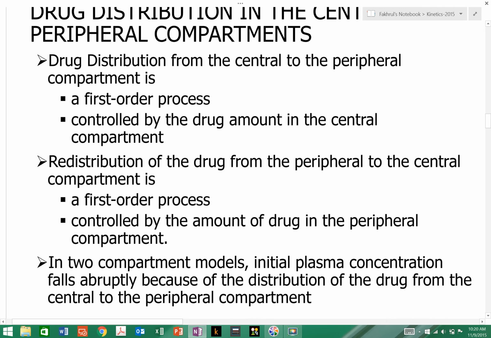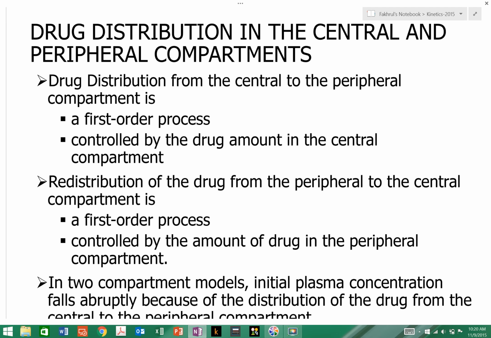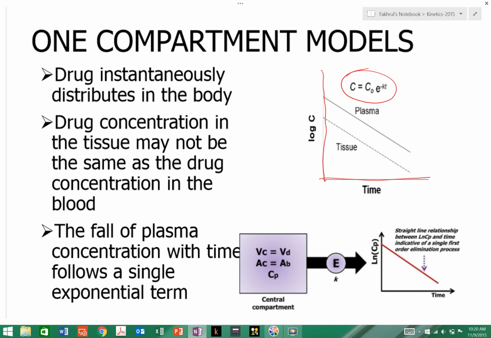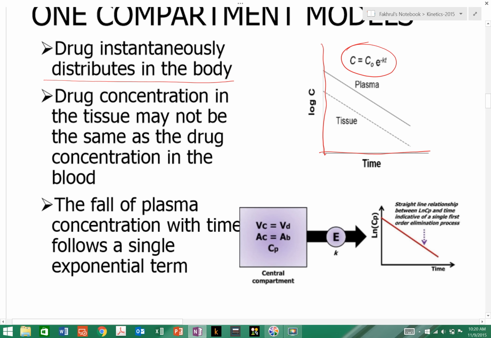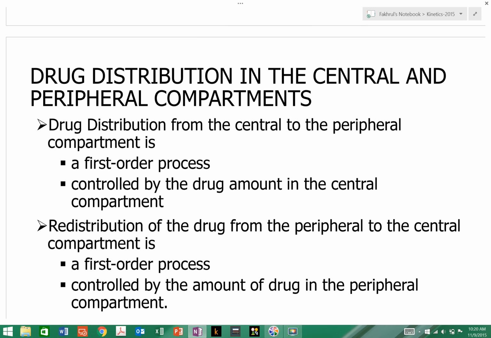But in case of central, there is a difference between central and peripheral compartment. In the central compartment, the drug instantaneously distributes in the body, like what I have shown in that picture, that dye instantly mixes with the water. So there is a mono-exponential fall of the concentration of the dye.